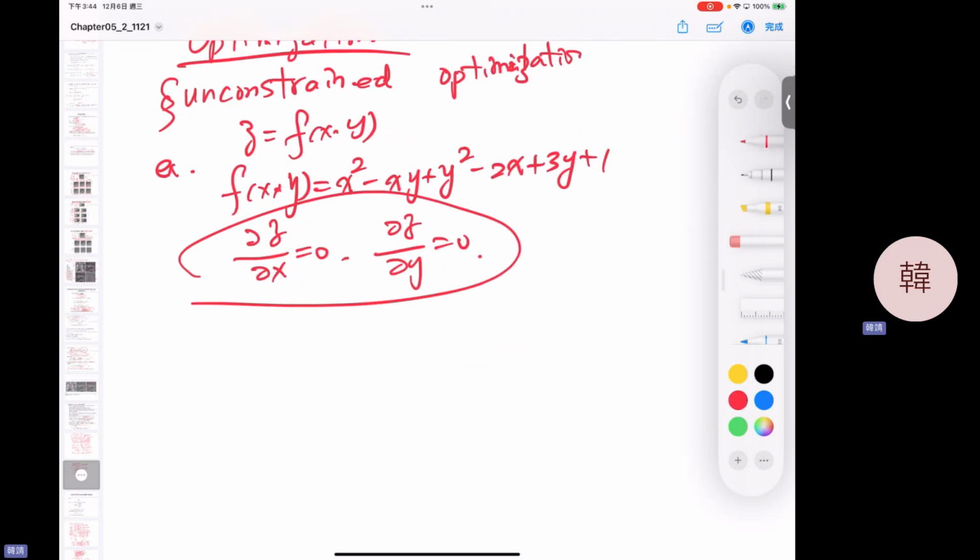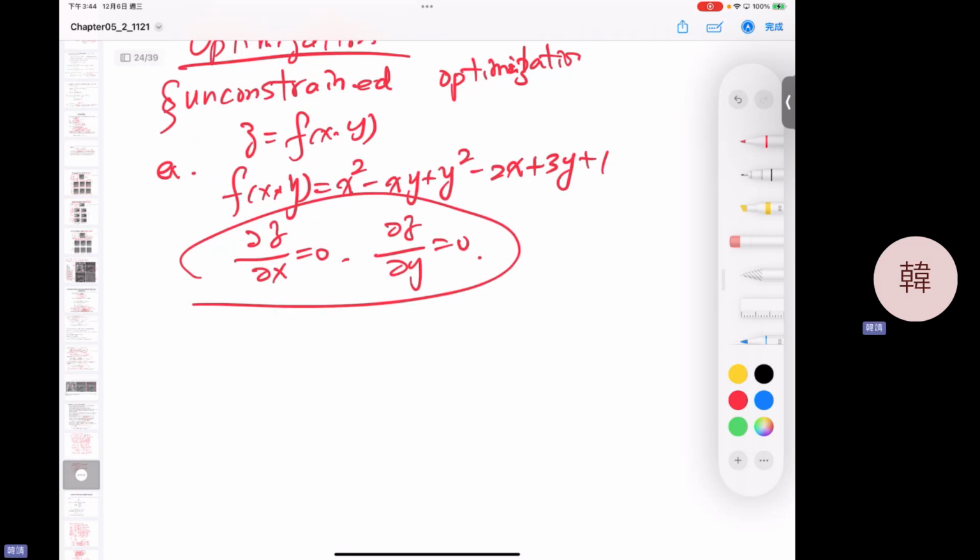So take the derivative with respect to x, what's the result? It's 2x minus y minus 2, and set the derivative equal to 0, right? And for y, what's the result?